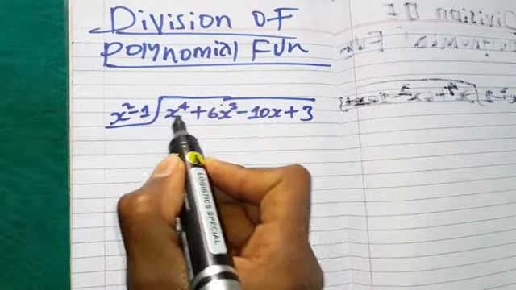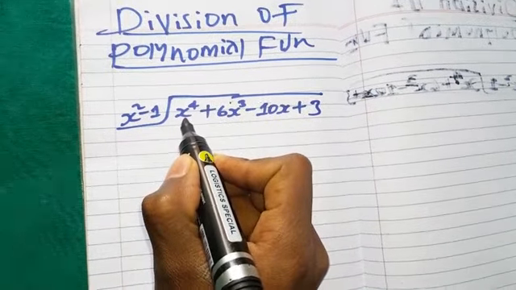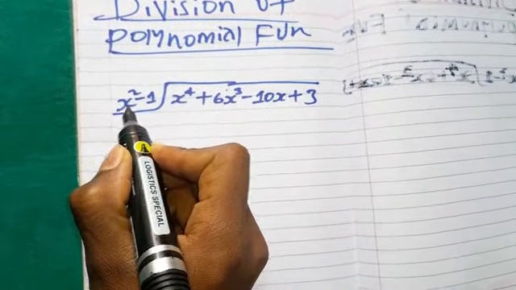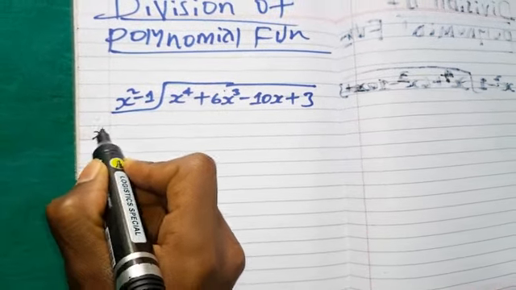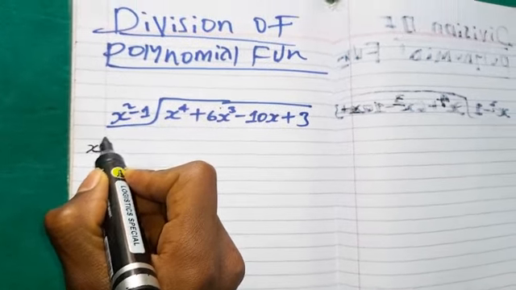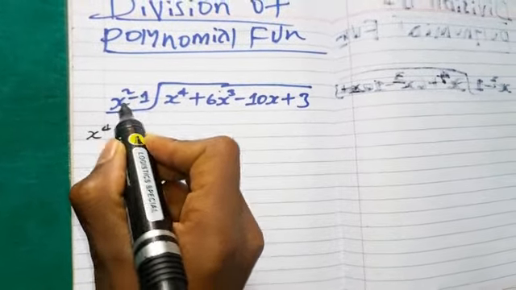x to the power of 4 divided by x to the power of 2 means x to the power of 4 over x to the power of 2.